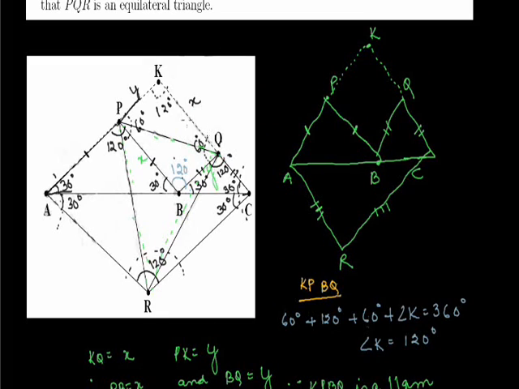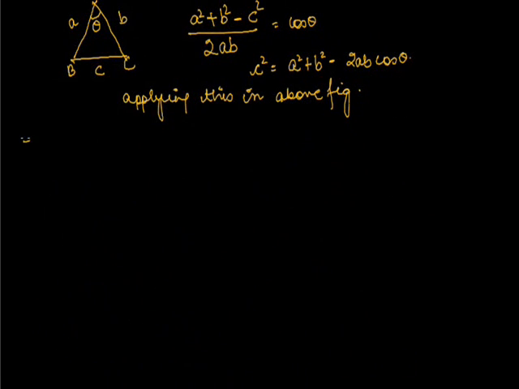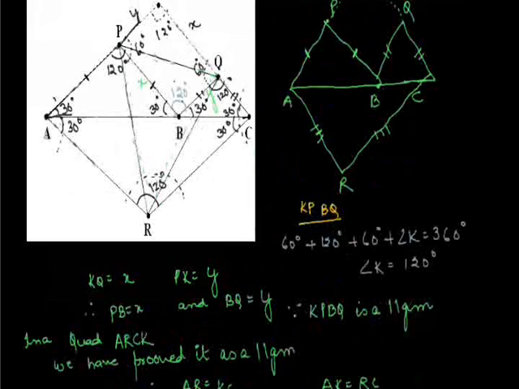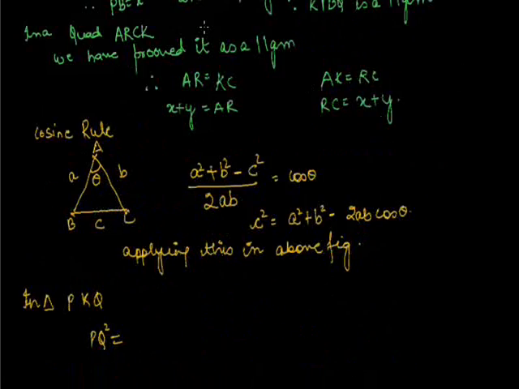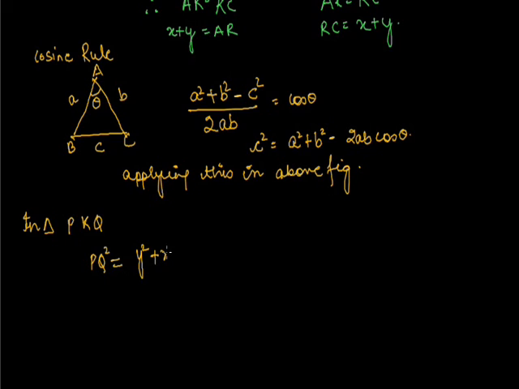Now we'll be applying the cosine rule in triangle PKQ. So in triangle PKQ, the non-included side is PQ. So we'll be writing PQ square will be equal to y square plus x square minus twice of xy cos theta, where theta is 120 degrees.